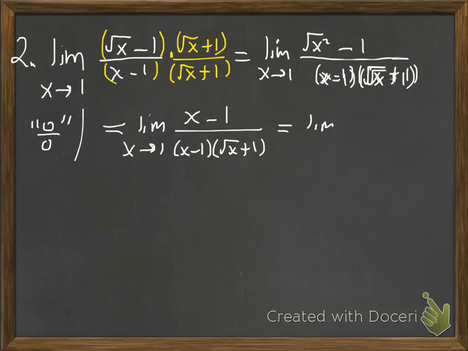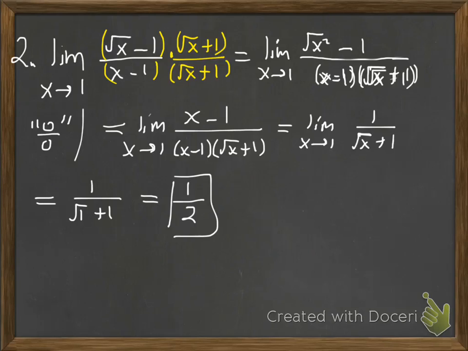And we've got like factors of x minus 1, so those will go ahead and divide out. And now we're ready to just evaluate this. So plug in 1, and the whole thing is going to be equal to 1/2. That's what that limit is. Later on we'll do some stuff with this again when we get into derivatives. You know, this will be a little bit familiar.